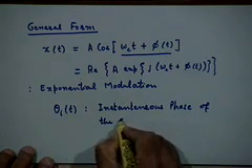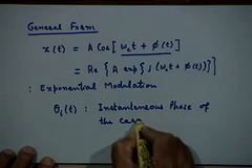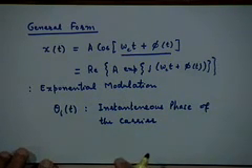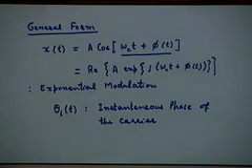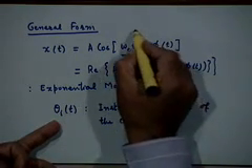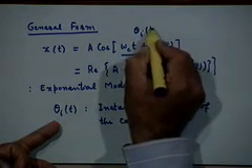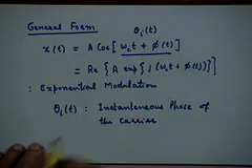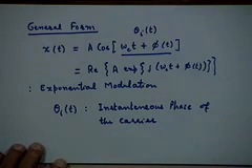Is that okay? Now how is instantaneous frequency related to instantaneous phase? Suppose I ask you that at any particular time this quantity is theta i, right? How can I derive the instantaneous frequency from the instantaneous phase?